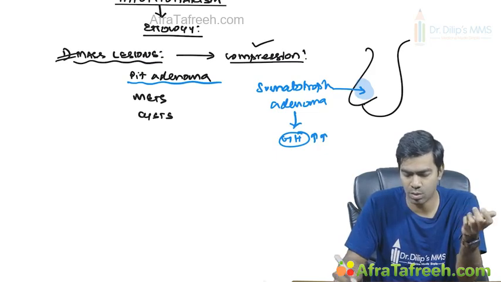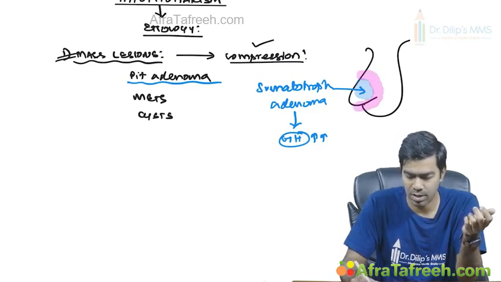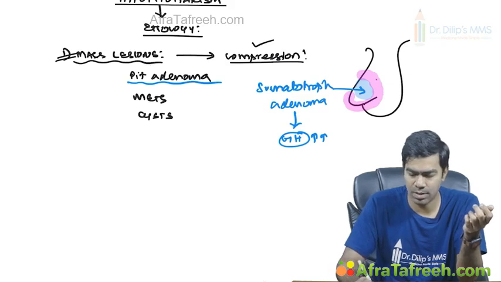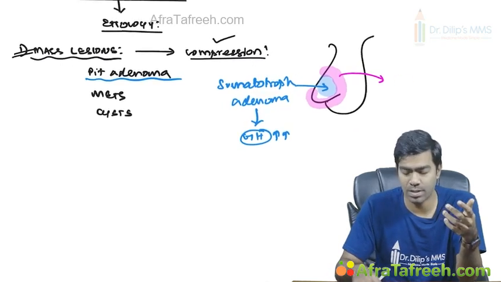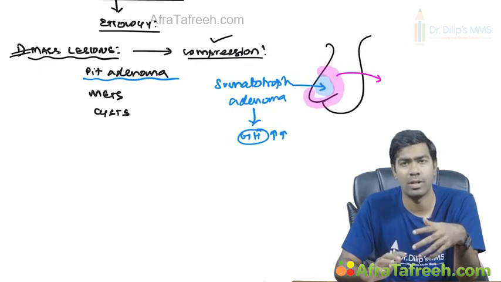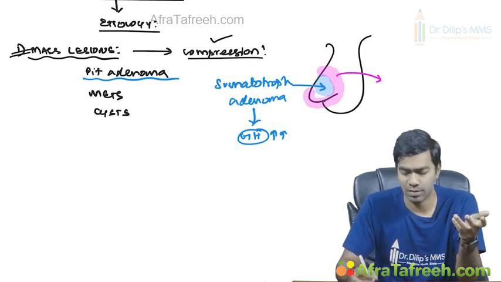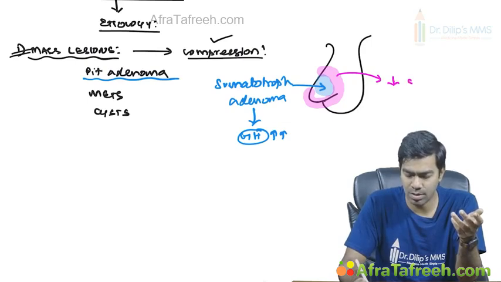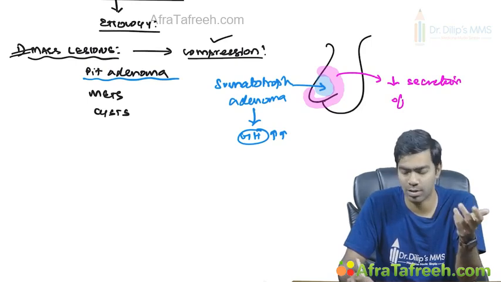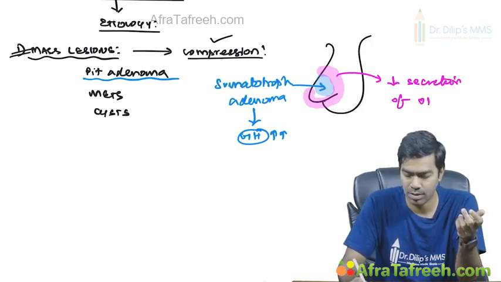Suppose the tumor is large enough that it compresses the adjacent structures. That can compromise the other normally secreting areas, which means there can be reduced secretion of the other hormones of the adenohypophysis, the anterior pituitary.